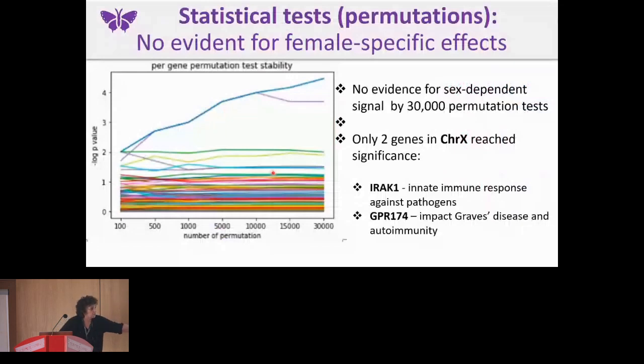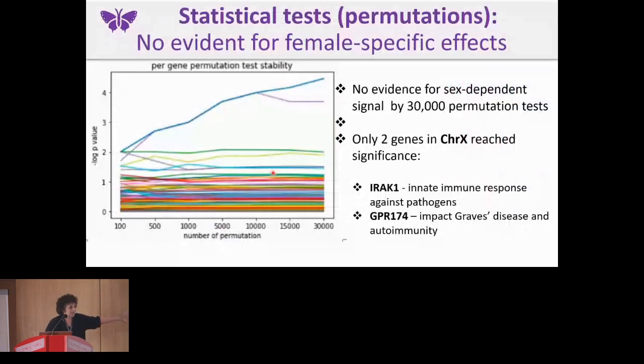This is 30,000 permutations. They consistently show a signature. And what was the signature? To our amazement, it's 2 genes on chromosome X. We didn't know there are chromosome X genes. One is in innate immune response, and the other is the cause for Graves. Remember Graves from the beginning, the hyperthyroid disease.